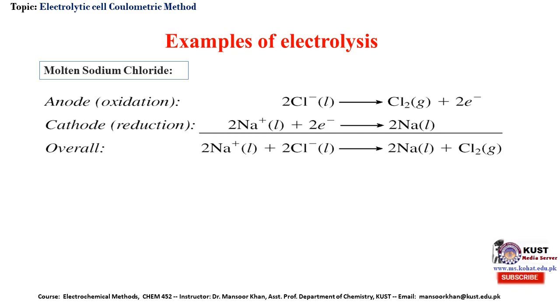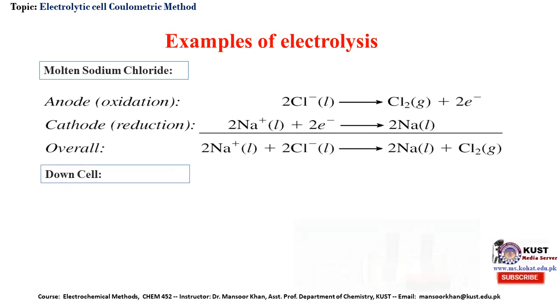Anions will move toward the anode where oxidation takes place, where chloride ion will give an electron to the anode and will be oxidized, leading to the formation of Cl2 gas. The cations, in this case sodium, will move toward the cathode where reduction takes place. It will take an electron from the cathode and lead to the formation of liquid sodium.